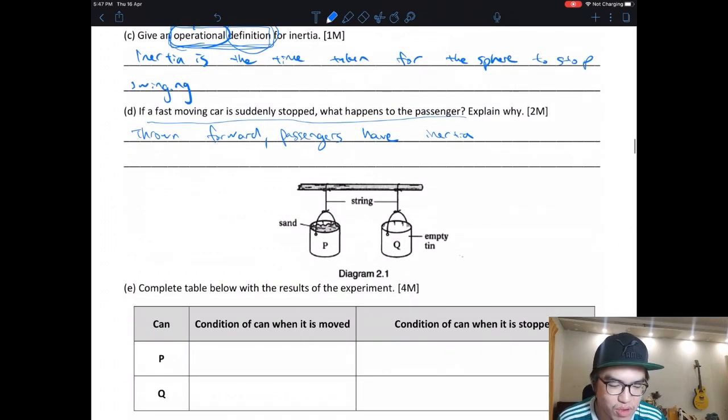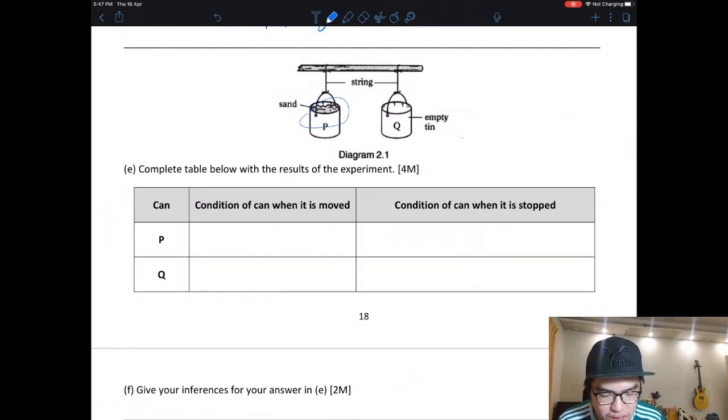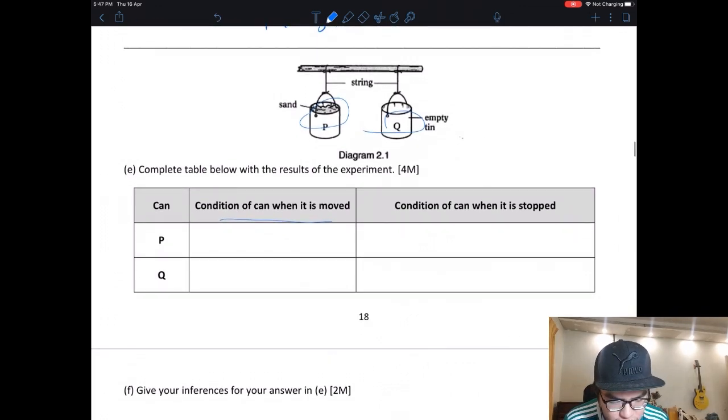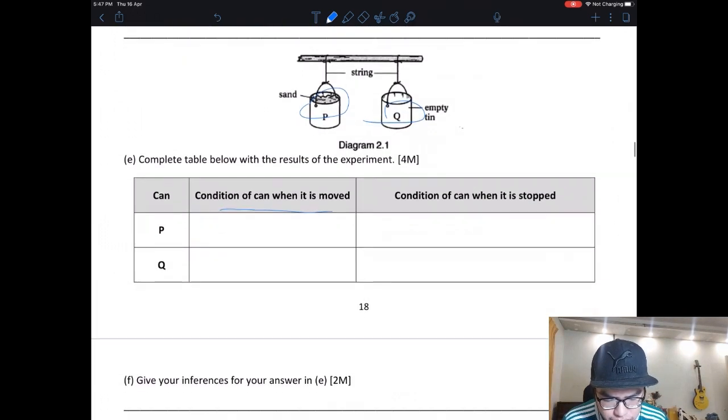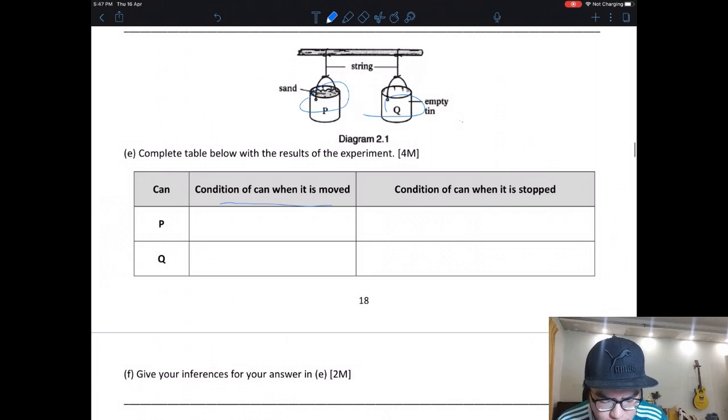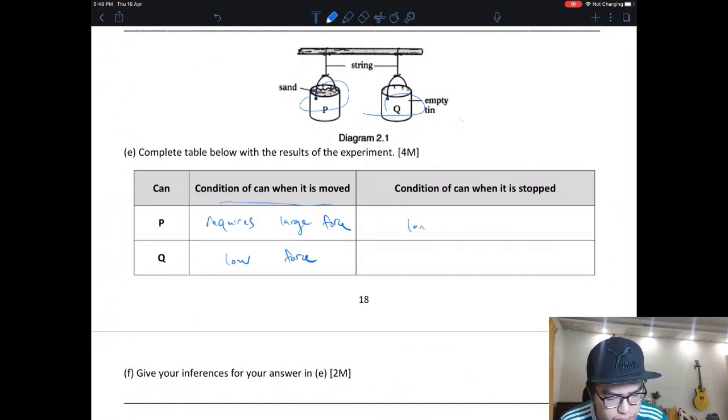Same concept here, one with sand, one empty. Condition of the can when it is moved. What does it mean? You can say it requires large force. This one, low force. Same thing here, condition of the can when it is stopped, so it takes longer time. This one, shorter time. I'm not sure what they mean when they want a condition.